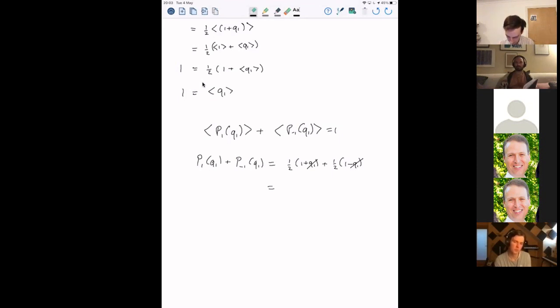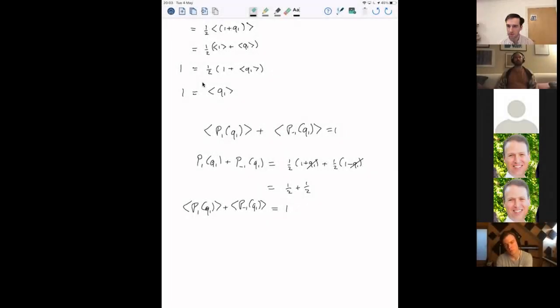So this thing on the right-hand side is just a half plus a half, which is equal to 1. In other words, the expectation value of P1 plus P minus 1 must be equal to 1 because of their algebra. So from the algebra and from the definition of these operators, it follows that their sum is equal to 1. This corroborates that they represent probabilities.